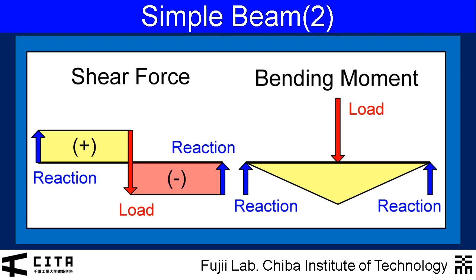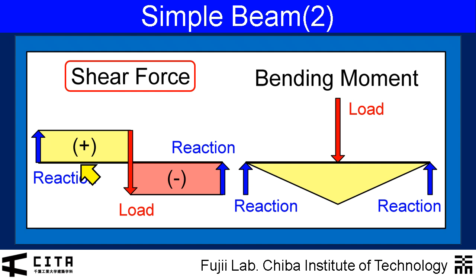Here we show the internal force diagrams for this case. Since no axial force occurs, only the shear force diagram and bending moment diagram are shown. Let's first explain the shear force diagram on the left. In the left half of the beam, the upward reaction force creates a positive shear force.